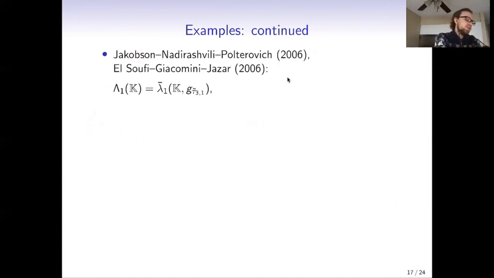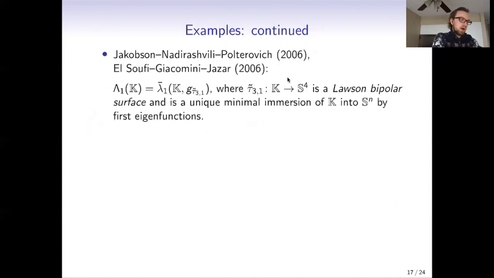What's proven in those two papers is that there exists only one. So they exist with this tau tilde 3, 1. It's a minimal immersion from the Klein bottle to S4. And what they prove is that it's the unique minimal immersion of the Klein bottle into any sphere by first eigenfunctions.